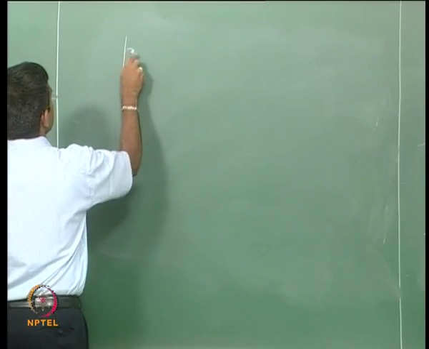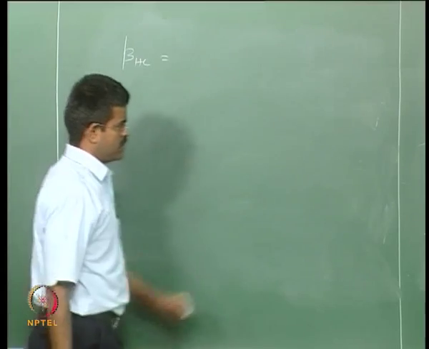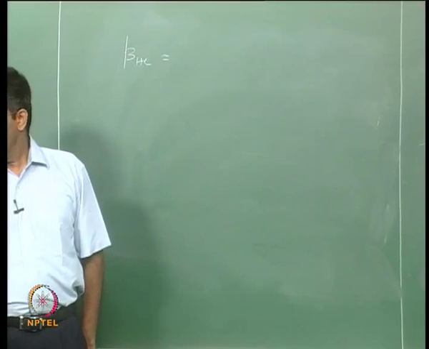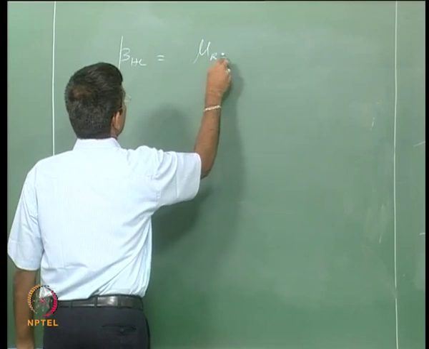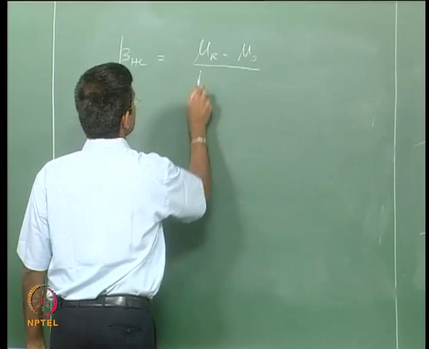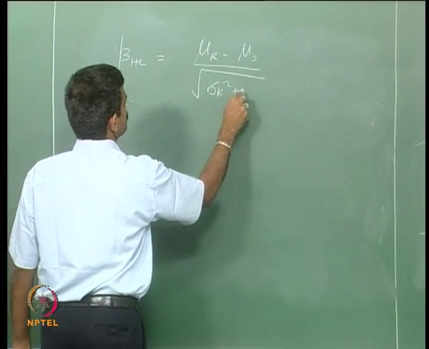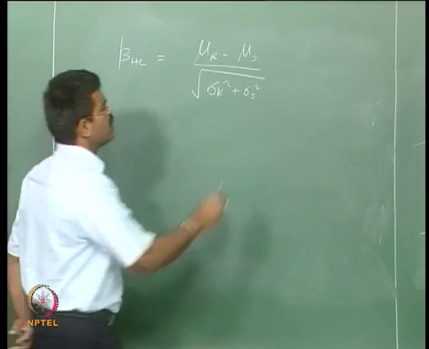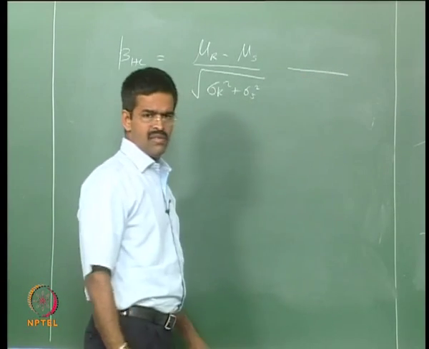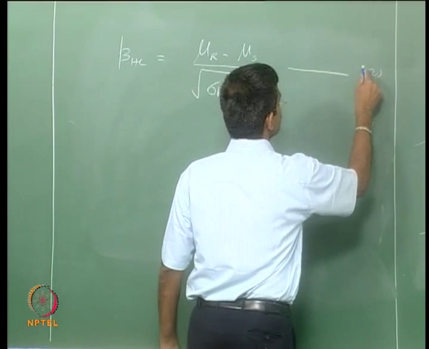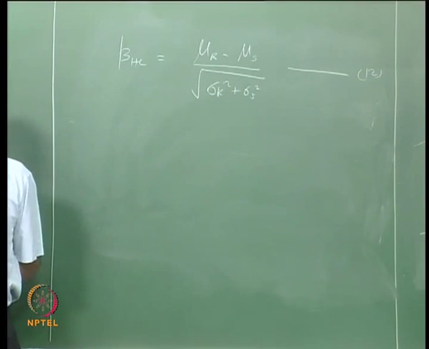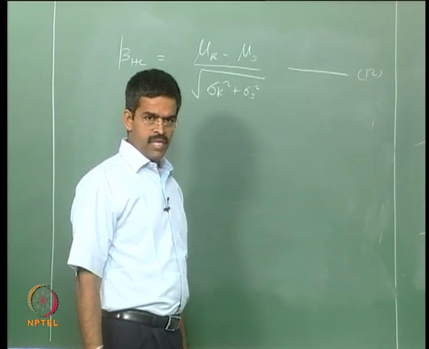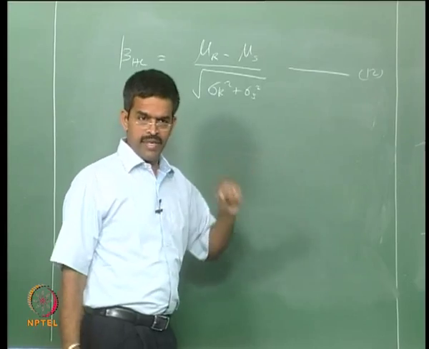So in my case, beta HL can be simply mu r minus mu s by square root of sigma r square plus sigma s square. What is the equation number? 12. You will see that this expression is same even in the case of normal variates, isn't it?